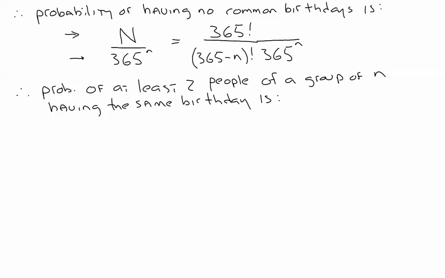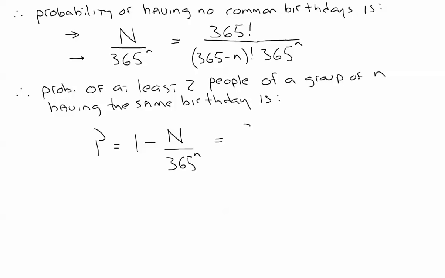The probability of at least 2 people out of a group of n having the same birthday is capital P. It's going to be 1 minus capital N divided by 365 raised to the nth power.